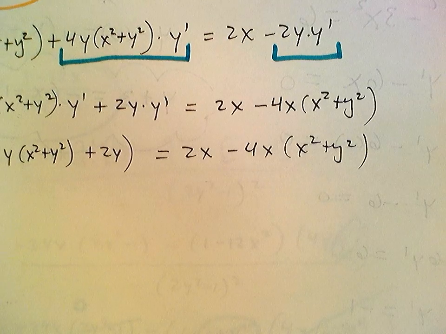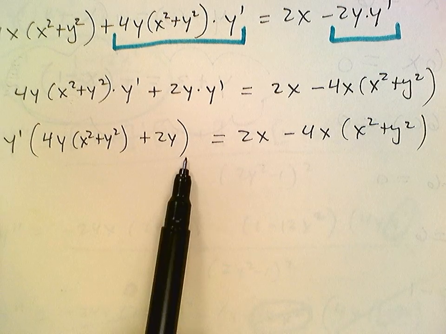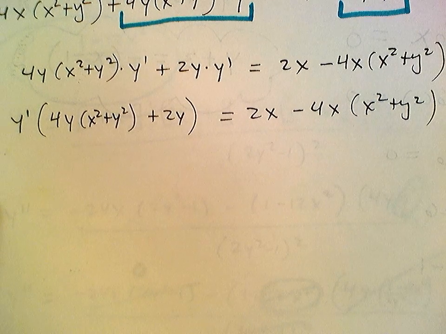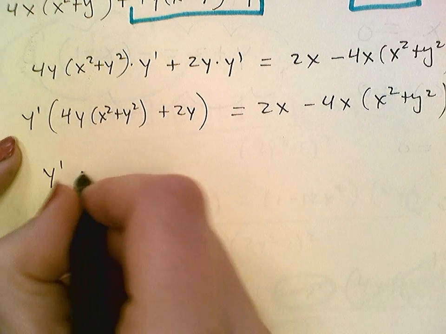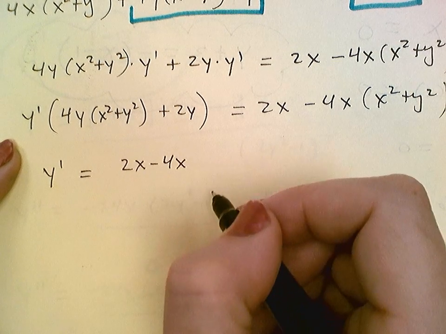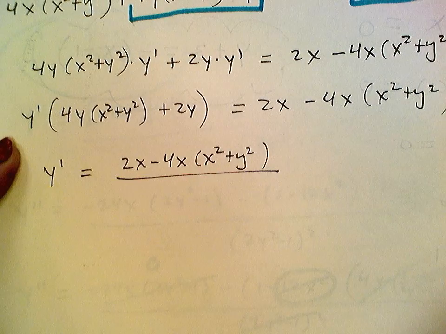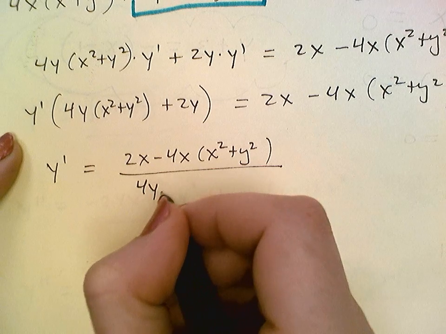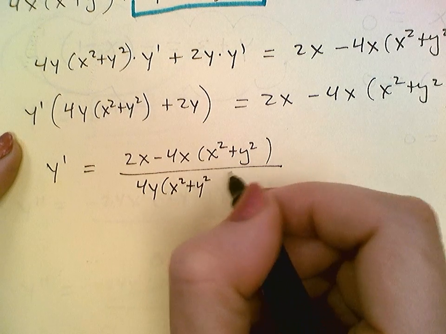And then I divide both sides by that. So, yikes, we get (2x minus 4x(x squared plus y squared)) over (4y(x squared plus y squared) plus 2y).